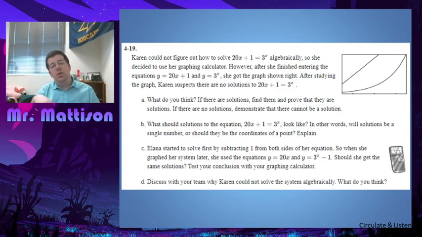Now this is where your knowledge of how graphs look and what they do really helps. You know that, hey, there's more going on than I'm actually seeing. My window is just skewed to the point where I'm not seeing what's actually going on here, right? I know that 20x plus 1 is just a linear graph. So this line goes straight forever and ever and ever, right? I also know that 3 to the x is an exponential.